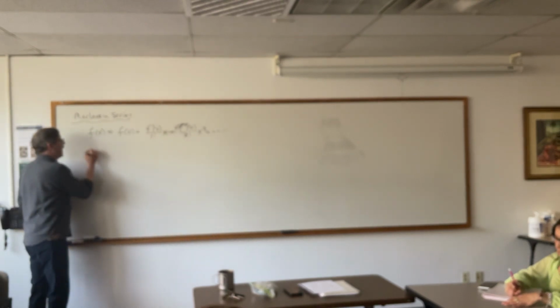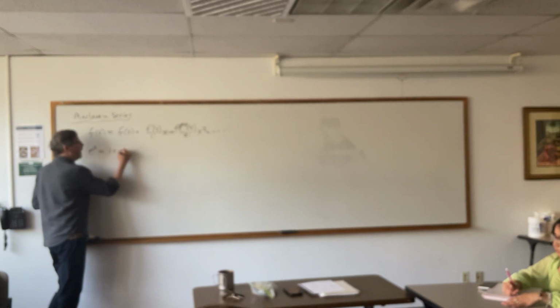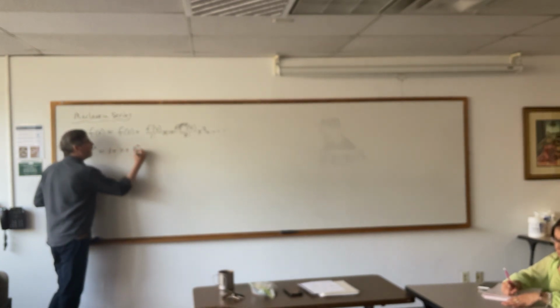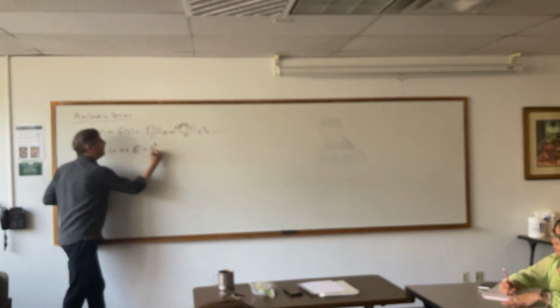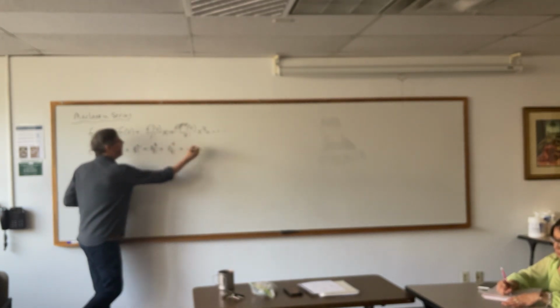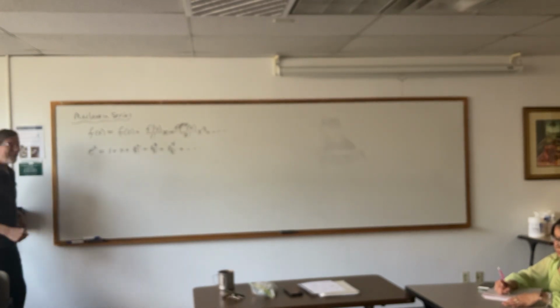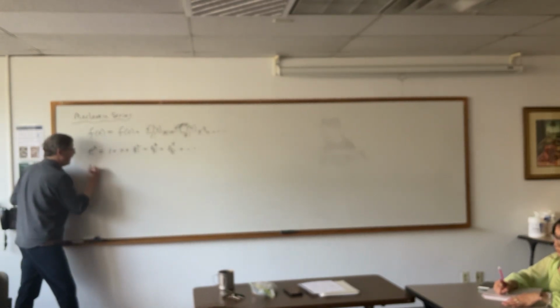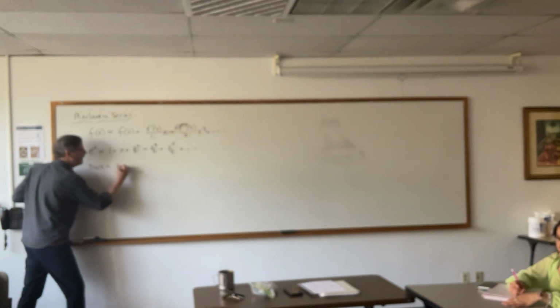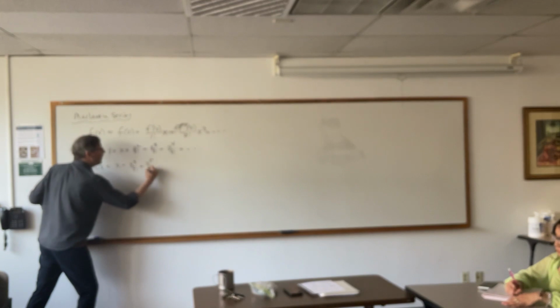We did this for a couple of things. So we found out that e to the x was 1 plus x plus x squared over 2 factorial, x cubed over 3 factorial. A couple of really beautiful things we found the other day. So that was certainly the nicest one. But we also did sine of x was x minus x cubed over 3 factorial plus x to the 5th over 5 factorial.